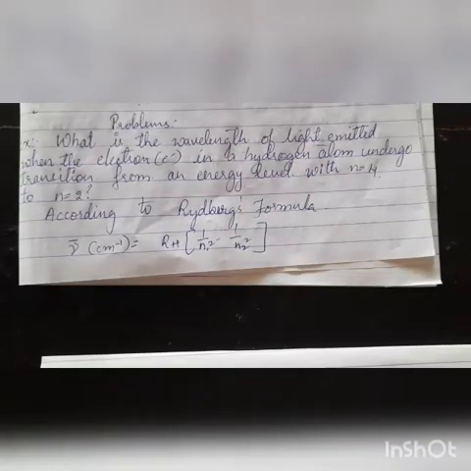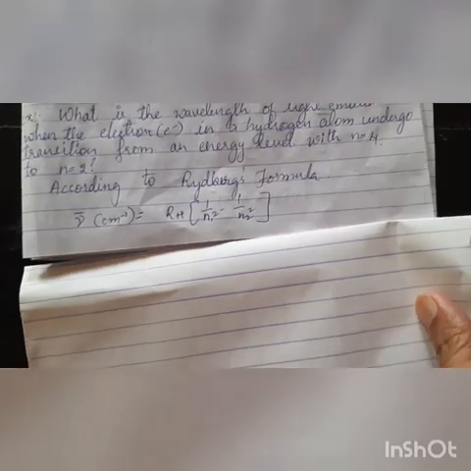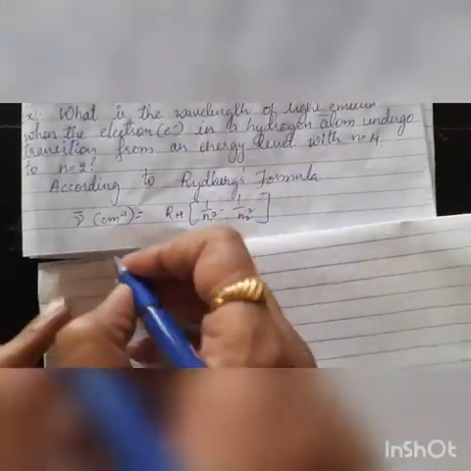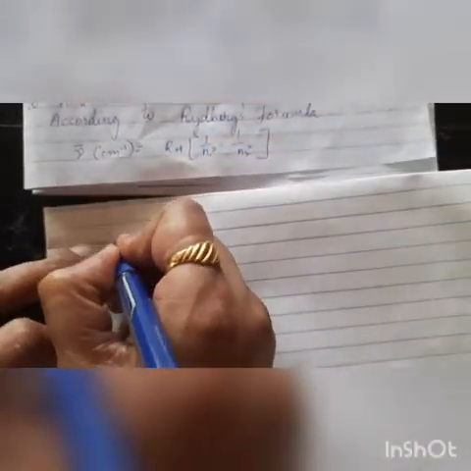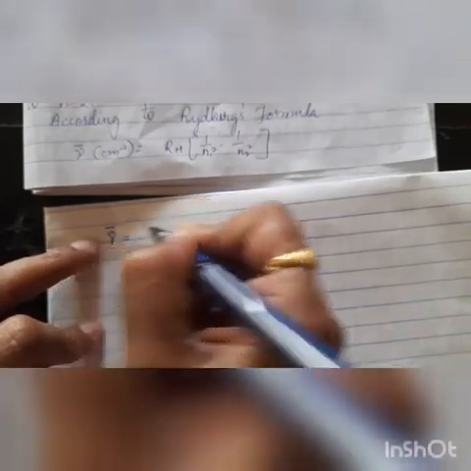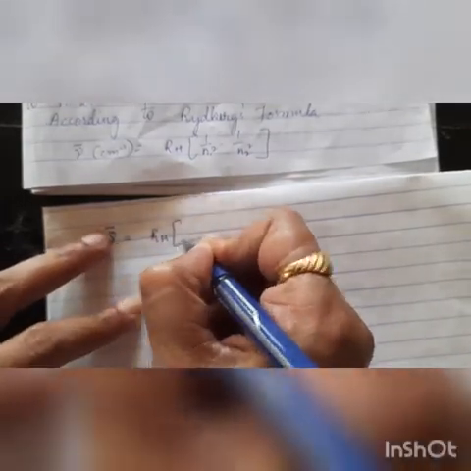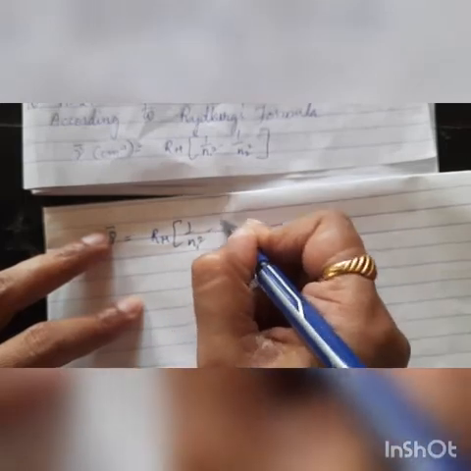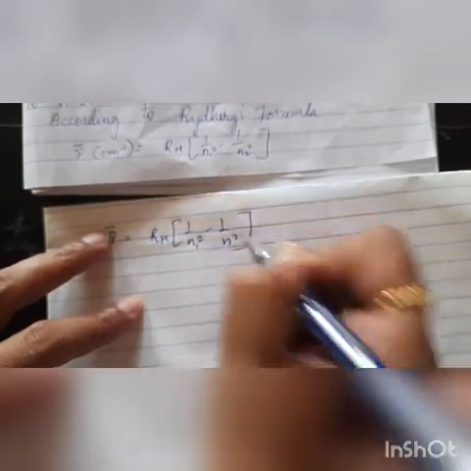According to Rydberg's formula, we have the equation to find the wave number, and from the wave number we can find the wavelength. The Rydberg's formula is nu bar is equal to RH into 1 upon n1 square minus 1 upon n2 square.